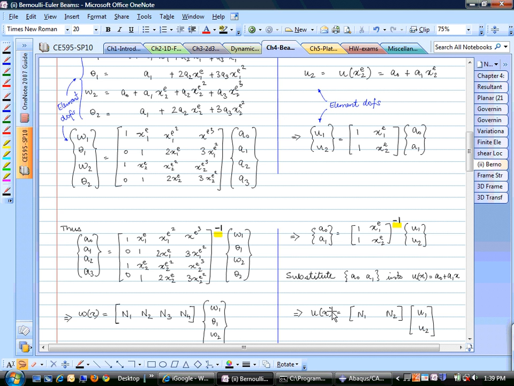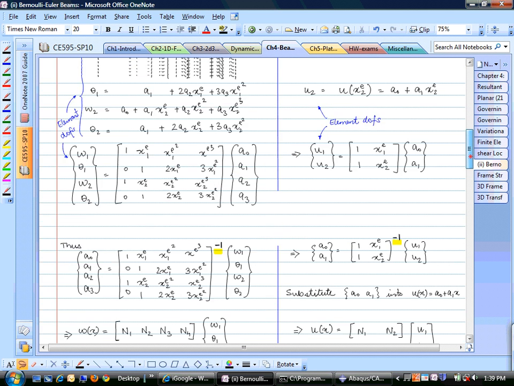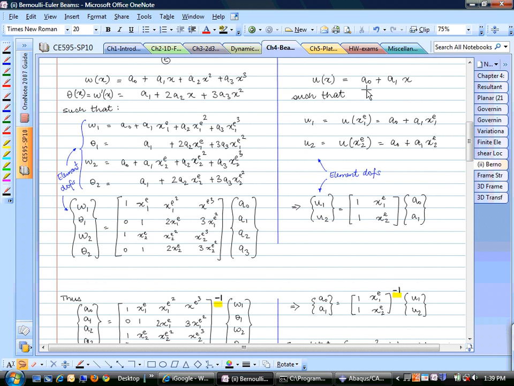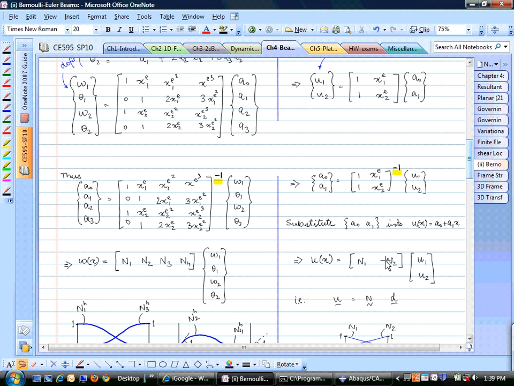So when you write this displacement expression in terms of degrees of freedom, you can write that out as our regular U is equal to N times D. So essentially what we have done is we've eliminated A0, A1 and found out what our N1 and N2 shape functions are.